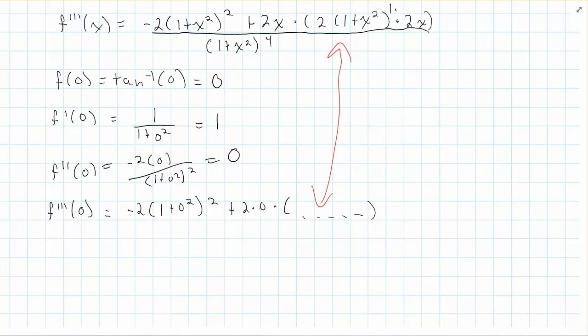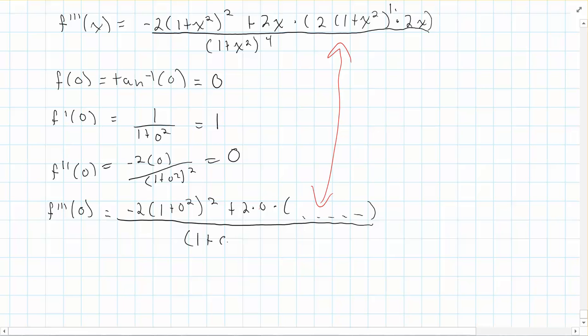So kind of a little short, over 1 plus 0 squared to the 4th power. So after all of that, we get negative 2. Let's double check here. 1 squared times negative 2 is negative 2 divided by 1 to the 4th.